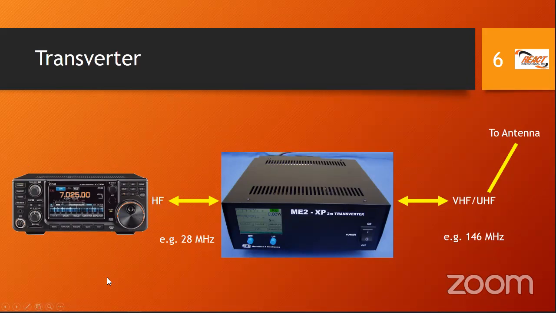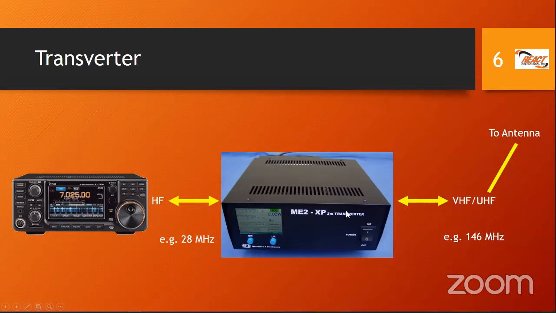So this radio on its own, on the left-hand side here, cannot do VHF or UHF. It can do HF, right? But if you wanted to do VHF or UHF, you connect it to something called a transverter, and that device enables your otherwise HF only radio to be able to do VHF or UHF or some other band.